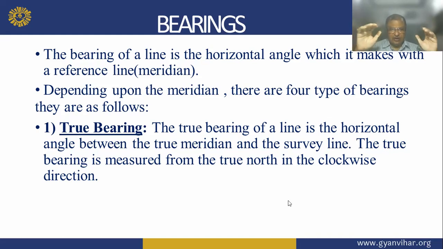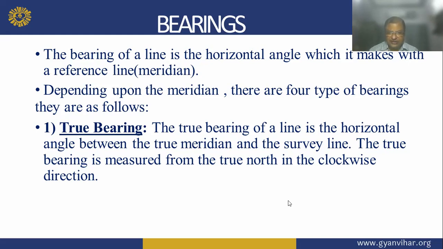So the bearing of a line is the horizontal angle which it makes with a reference line, the meridian. Depending upon the meridian, there are four types of bearing. One, true bearing.